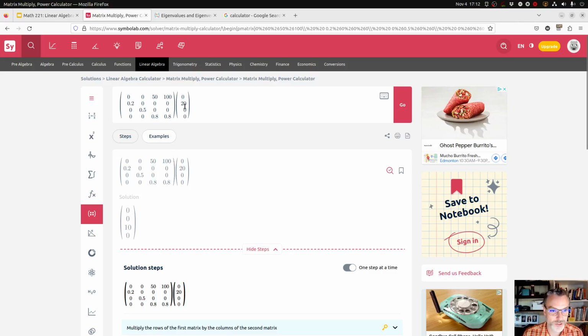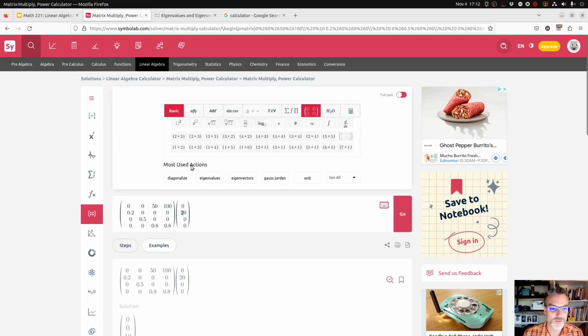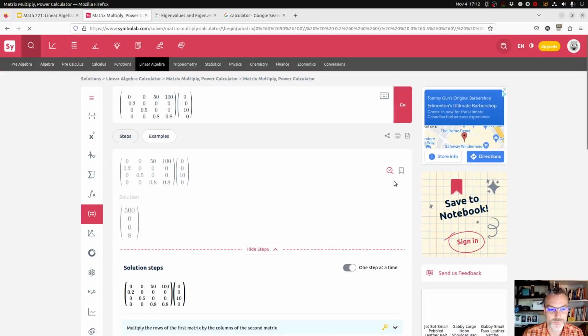Great. And so I can now look at what happens to those 10 juveniles. Oops. These are saplings. These are juveniles. Sure enough, 10 juveniles results in 8 adults, but now also 500 seeds. So that's how it transitions like this.